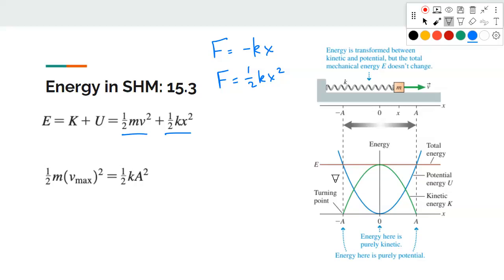Work is integral f dx. If you have a changing force, you can't just do f dot x. You have to actually care about the fact that there's an x variable in the force law. And so that's why we get a 1/2 kx squared. But anyways, you don't need to know how to derive it. You just need to remember that that's what the energy is.